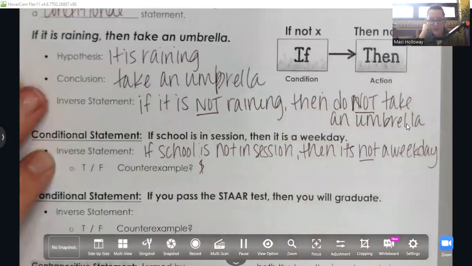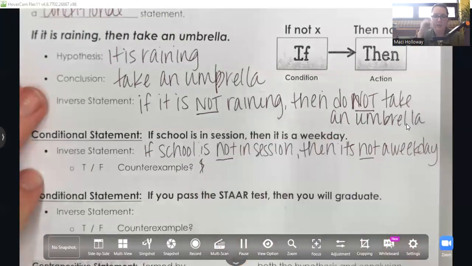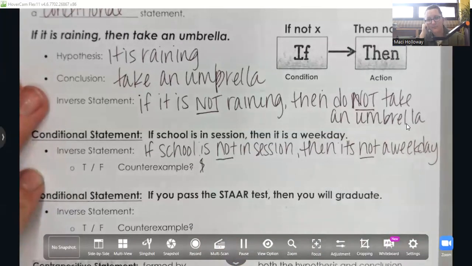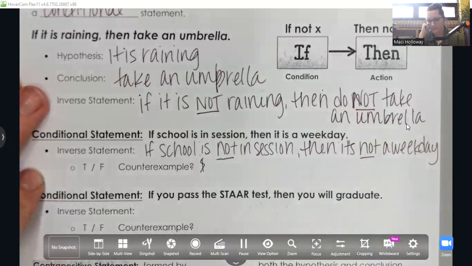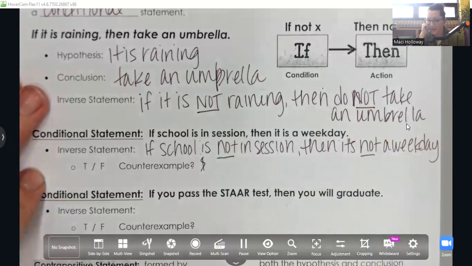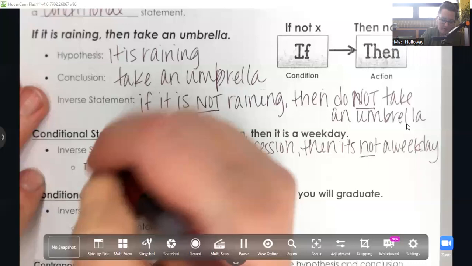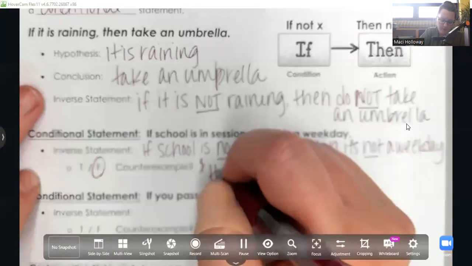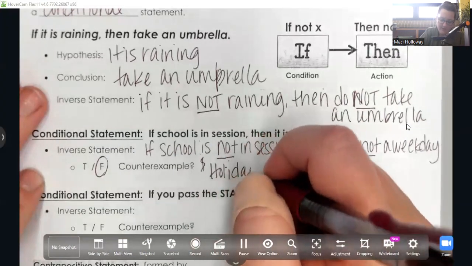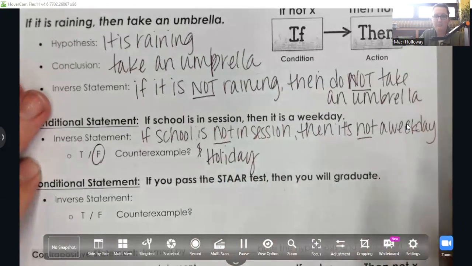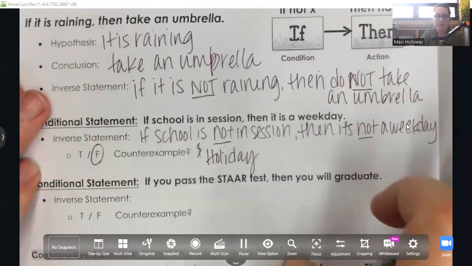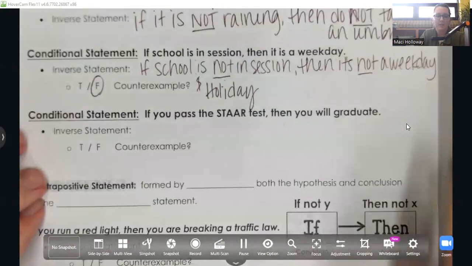Is that true? Well, could it be not in session and a weekday? Well, we just had a holiday, right? So what about when we have a holiday on a Monday, right? Then it would be false. All these are false.